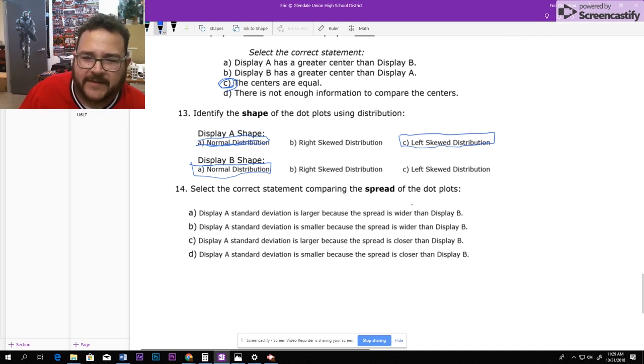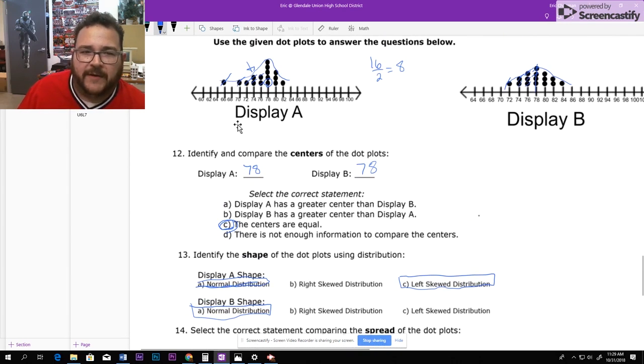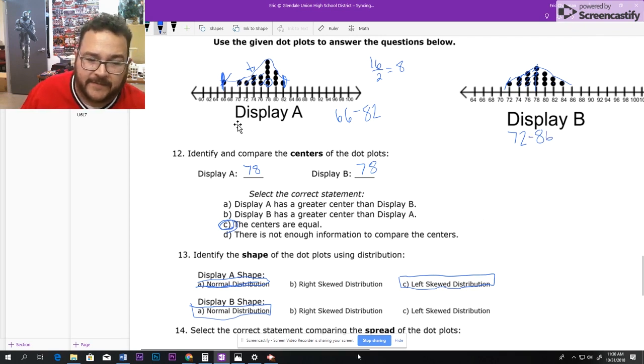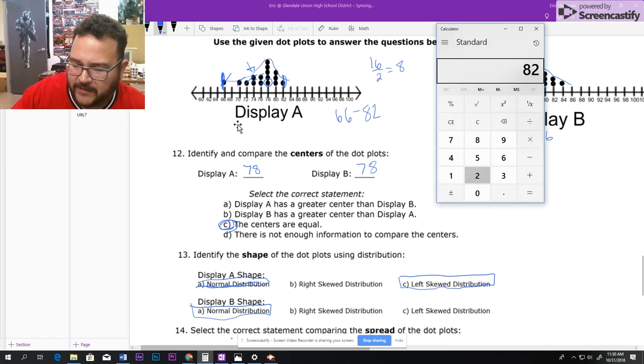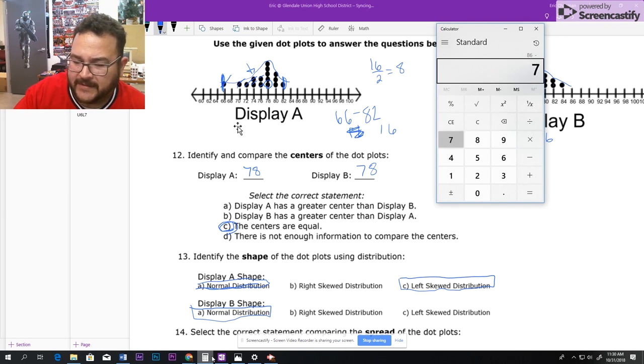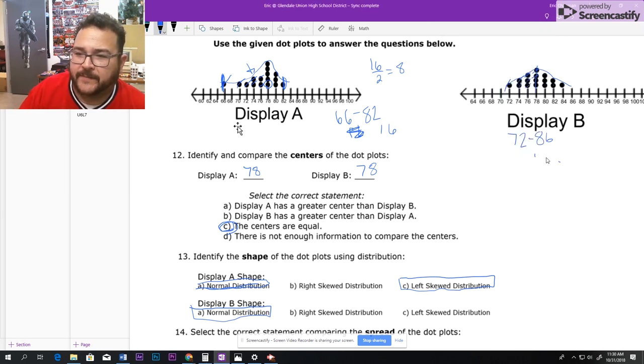select the correct statement comparing the spread of the dot plots. So if we look at our data, the spread here for this one is 66 to 82. And for display B, the range, or the spread, is 72 to 86. So we're going to find the range of that. So 82 minus 66 is 16. Okay, and then 86 minus 72 is 14.